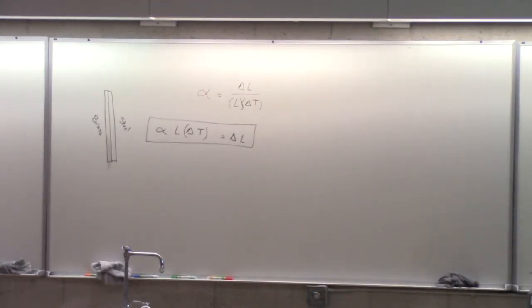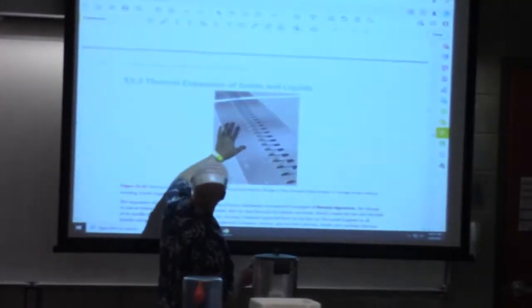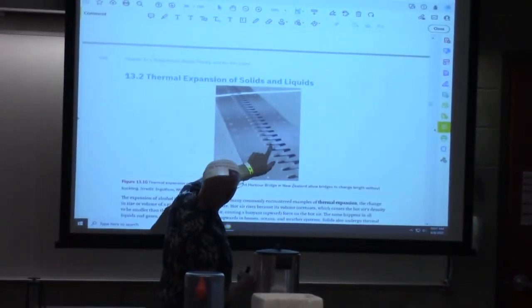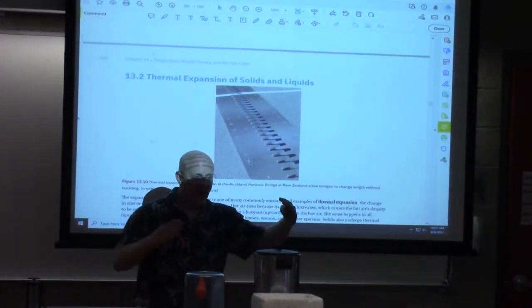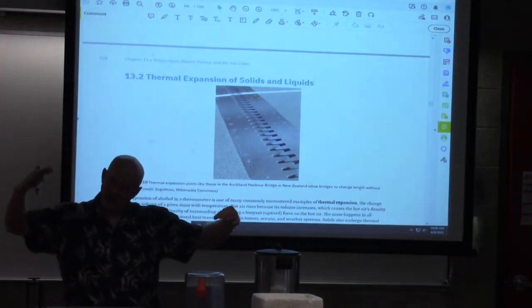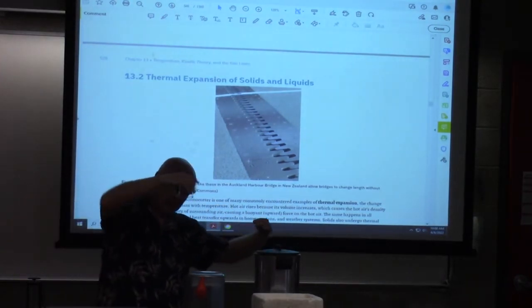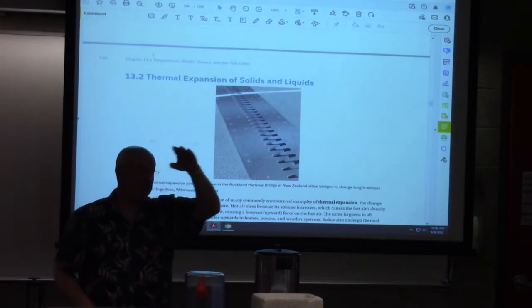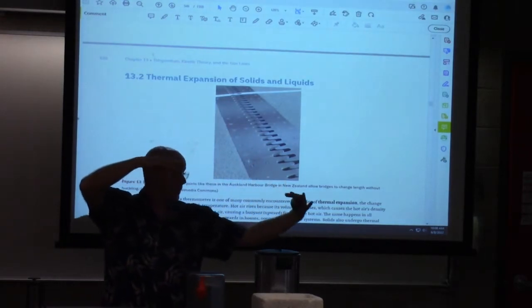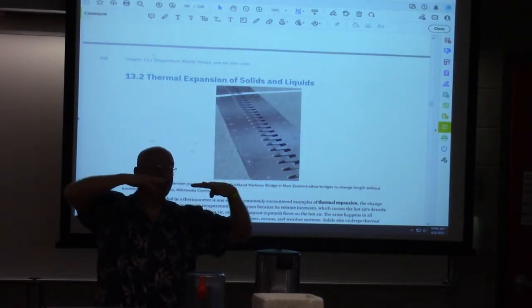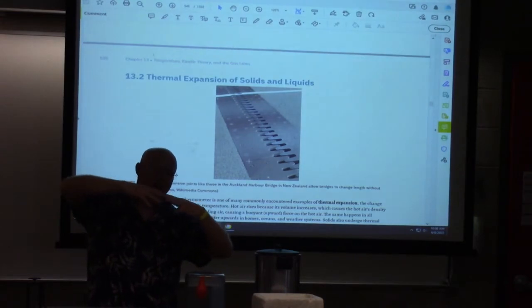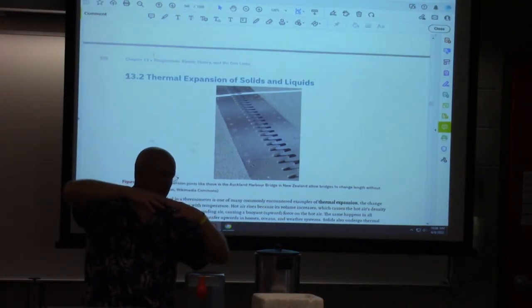This bridge, they don't give us really anything for reference, but what they've done is they've taken one side of the bridge and anchored it and extended it out. And as you get back over here, there's a ramp coming up to the other side, and they don't connect them together.